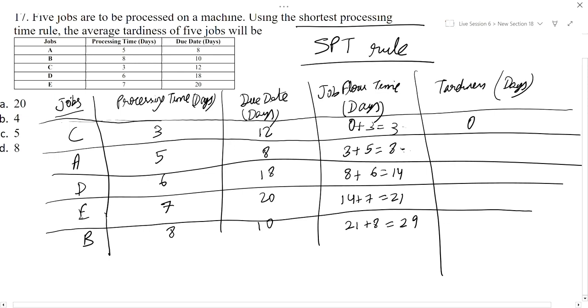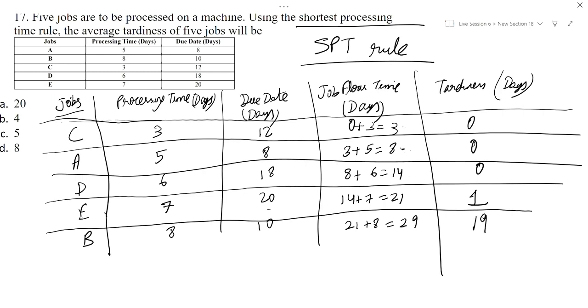Okay, I'm sorry. Now the job flow time is less than equal to the due date time. So again the tardiness is 0. For the job C, job flow time was less than the due date time, so the tardiness is again 0. And for job D, the job flow time is less than the due date time, again the tardiness is 0. For job E, the job flow time is greater than the due date time, here the tardiness is 1. And for the job B, the job flow time is greater than the due date time, the tardiness is 19.